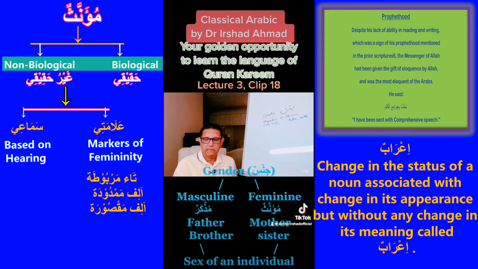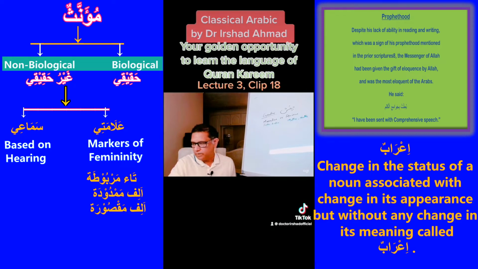Concept of the sex is only applicable to living creatures, humans and others. But in Arabic, non-living things also have gender, which is more appropriately called grammatical gender.